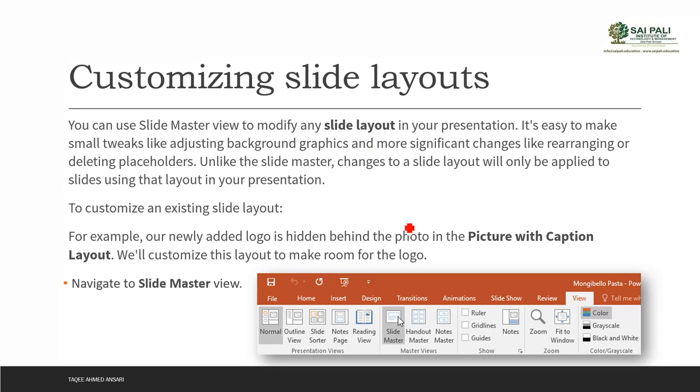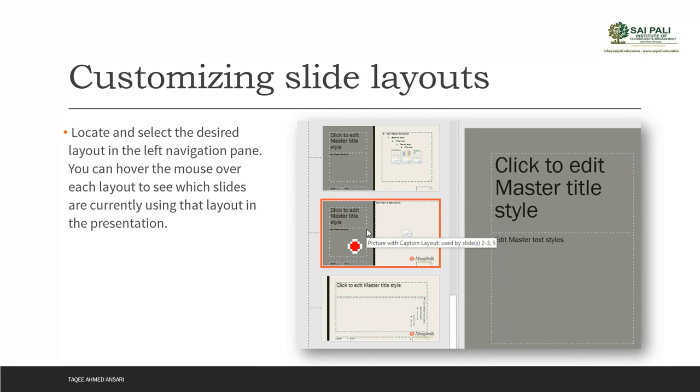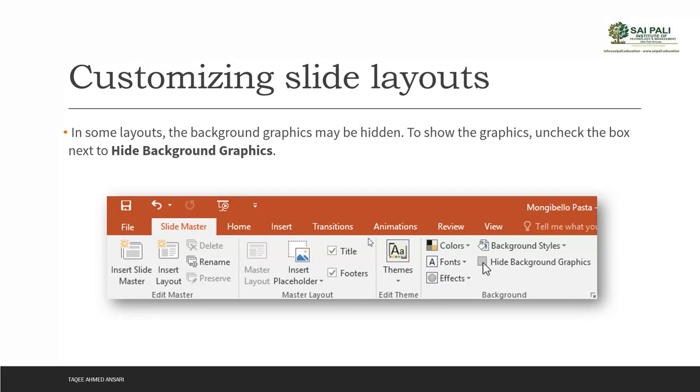For that, again, start the slide master view. Now in our case, our logo is hiding behind some pictures, so I can change that. Again I'll go to slide master view, and then I will select the slide which is not showing me the logo, which is hidden by the image, and then I can adjust.